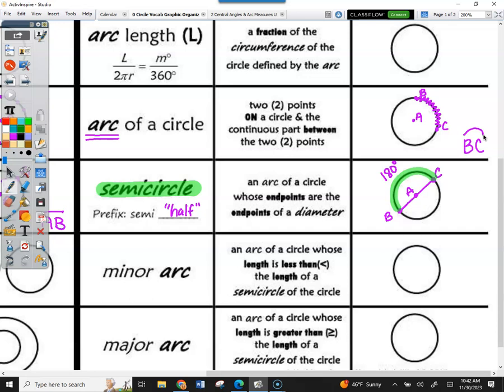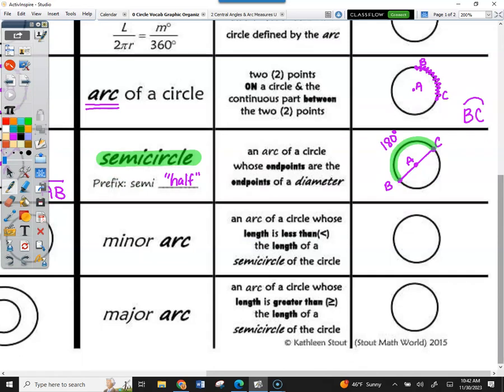Now, the neat thing about arcs is there's actually 3 types of arcs. You've already learned the first one. It's the semicircle. The second and third are called minor arc, major arc. I want you to take your highlighter and I want you to highlight this block right here and across.